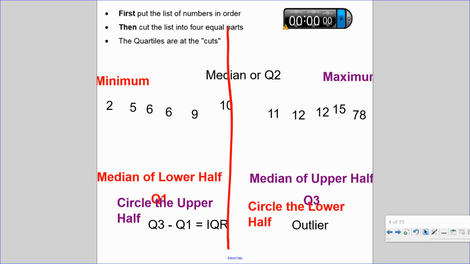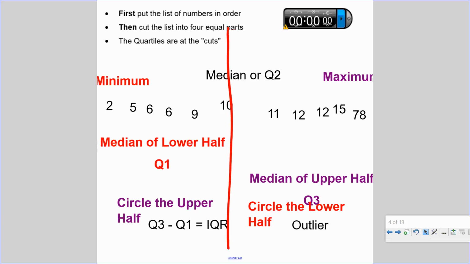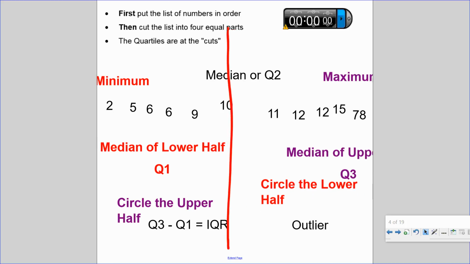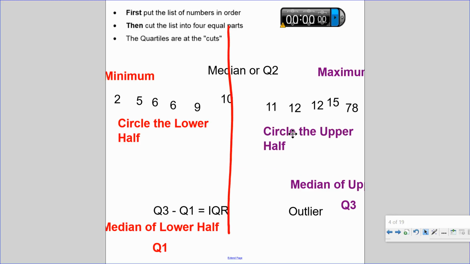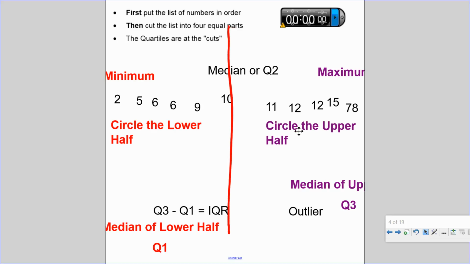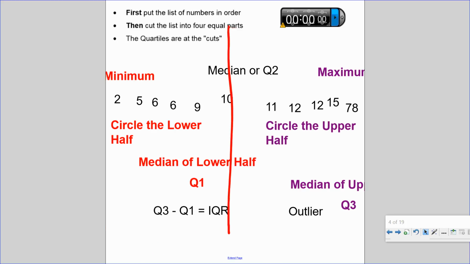So circle the lower half. The lower half is here, the upper half is here. The lower half is 2, 5, 6, 6, and 9, while the upper half is 11, 12, 12, 15, and 78. Now we need to find quartile 1. Q1 stands for quartile 1. That means it's the median of the lower half.